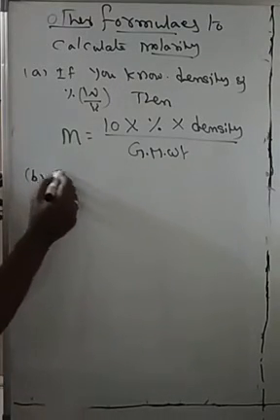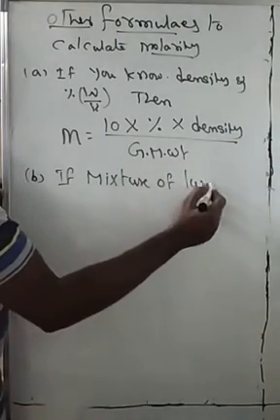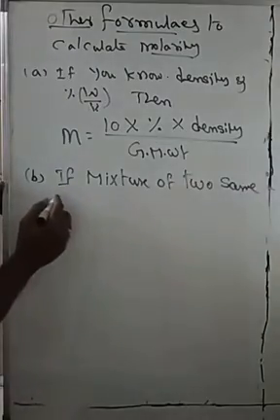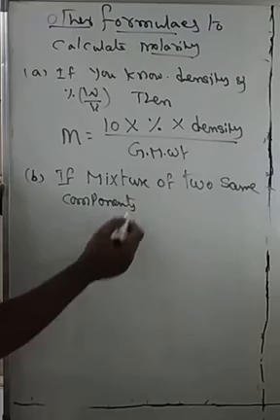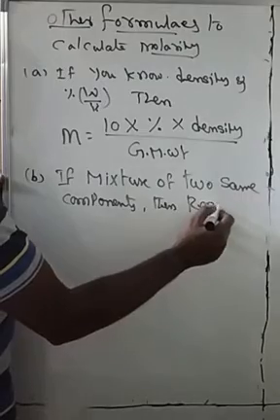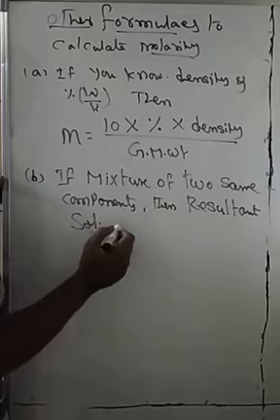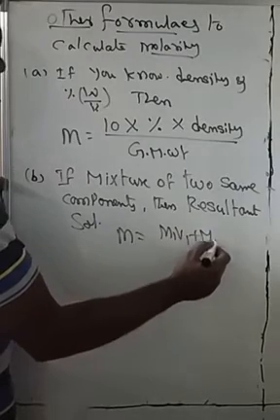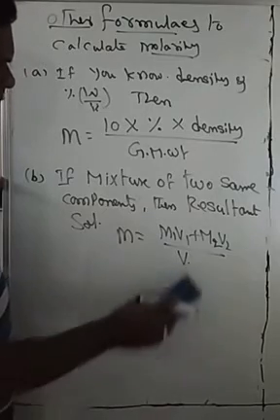Next, if a mixture of two same components, then the resultant solution molarity is equal to M1 V1 plus M2 V2 by total volume of the solution.